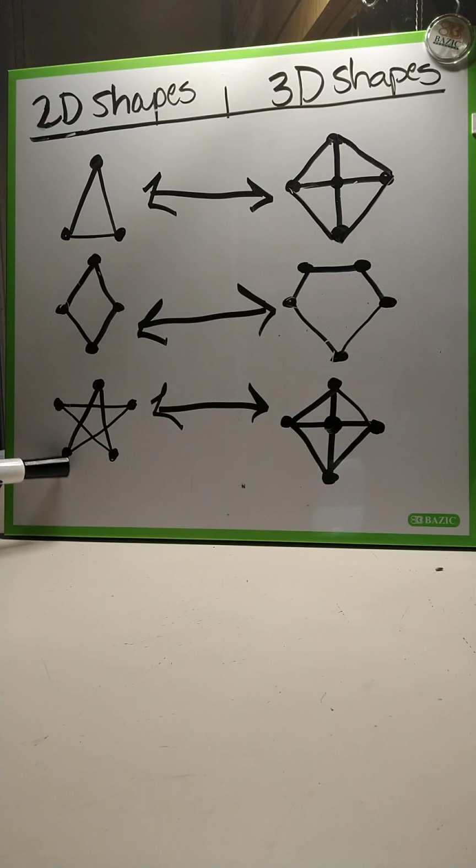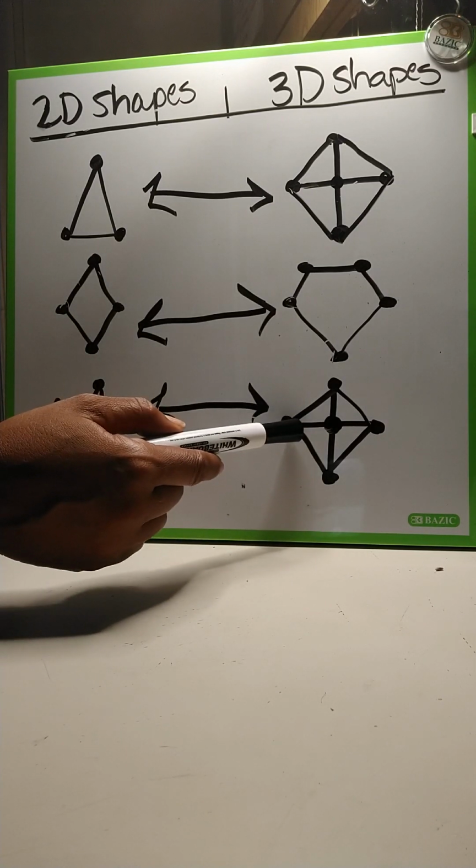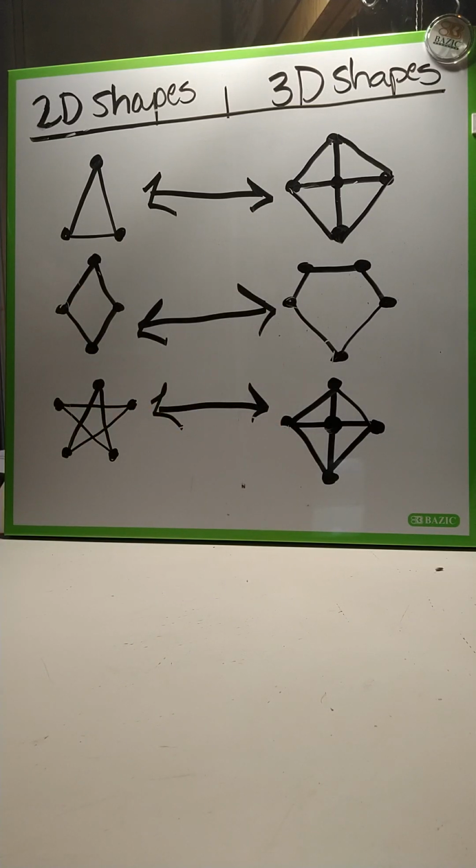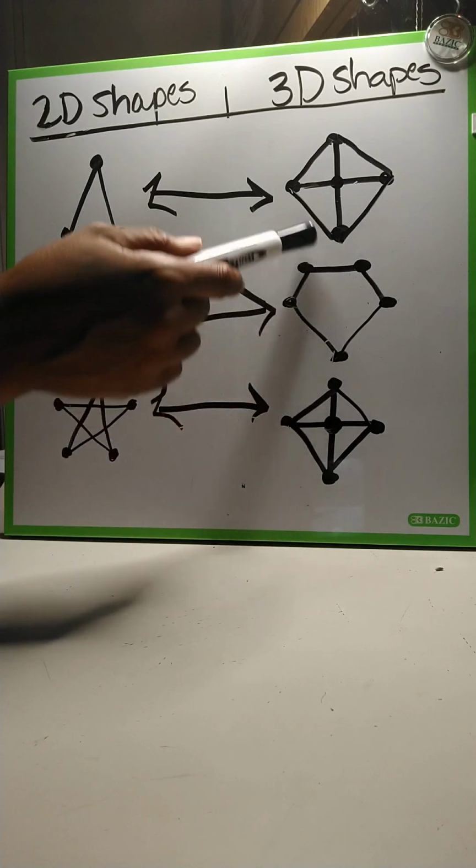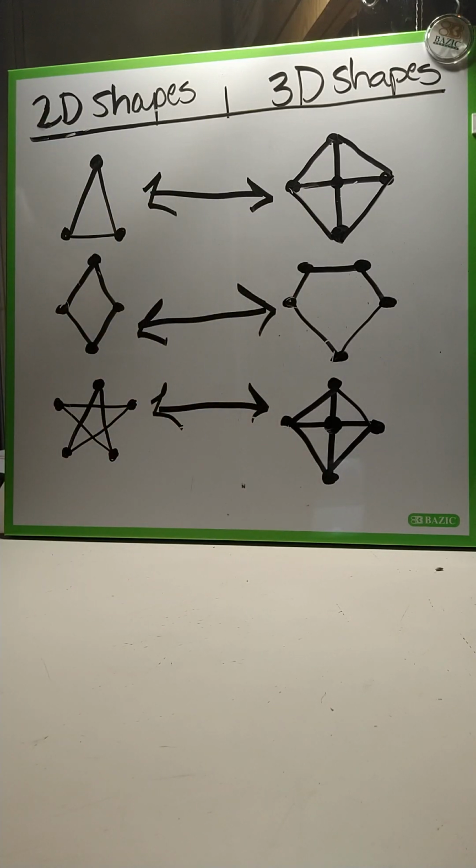Same thing for this 5-point star. This is a 2D viewing. This is what it look like right here in 3D. All of these shapes have 5 points. All of them. It's pretty significant.